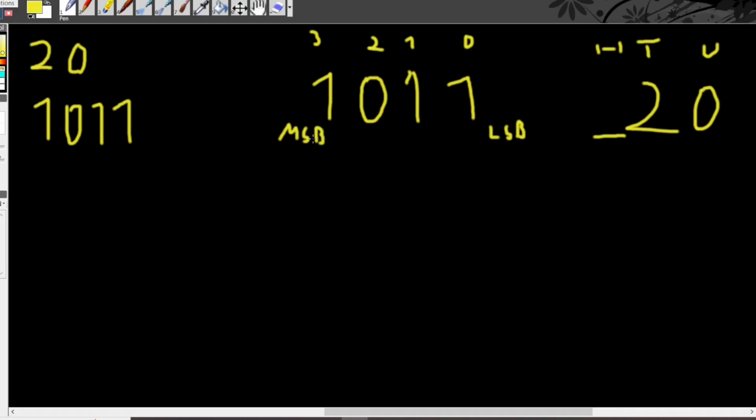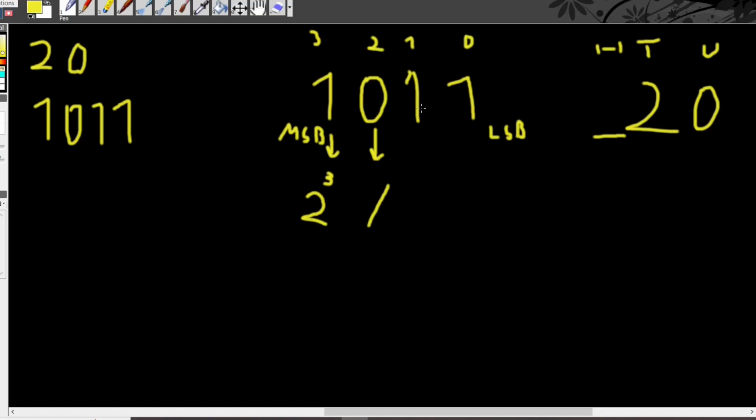So now, to convert this binary number to a denary number, we look at the indexes and we put them to the power of 2. So this binary bit 1 is 2 to the power of 3. This would be 2 to the power of 2, but since there's a 0 here, we ignore it.